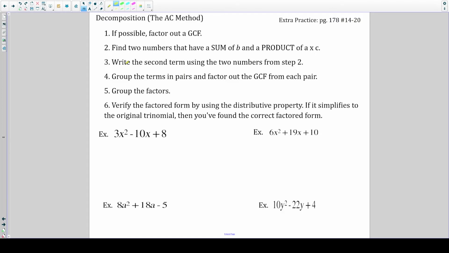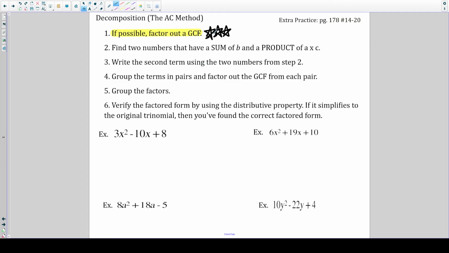So the first step is to always, if possible, factor out a GCF. I'm going to put a couple of stars by this because factoring out your GCF at the very beginning makes your lives 1,000 times better. Before we start, that won't really mean a lot to you, but you'll see what we mean a little bit later on.